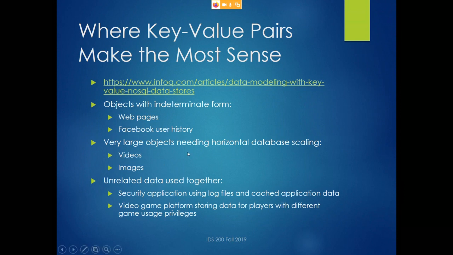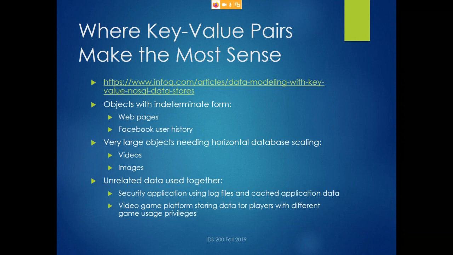If you have very large objects that require horizontal database scaling. One of the things I mentioned is that a relational database can work great. You can run queries in it as long as those queries are confined to a single machine and you're operating at RAM speed. However, if you have a table that's so big that it's split across multiple machines, then queries you do, especially cross checks of tables where you're seeing if a record in one table exists in another, aren't going to happen at RAM speed.